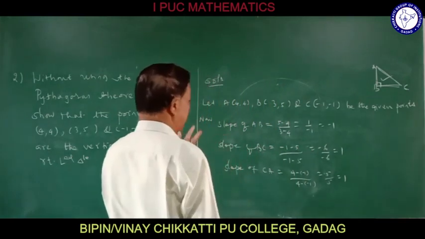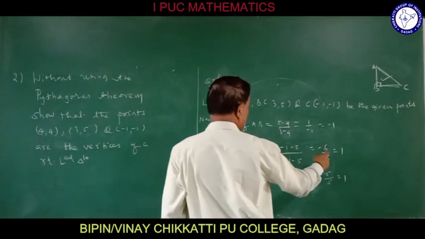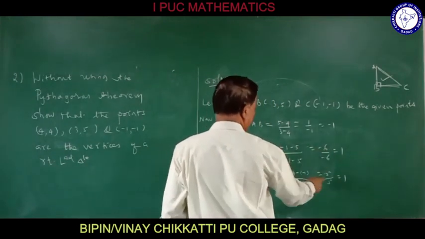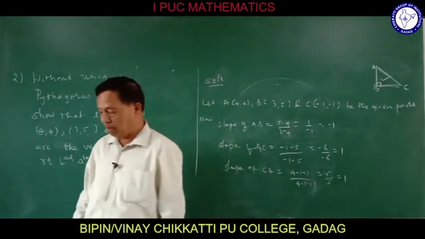Here you have to see particularly the multiplication of slopes, either this into this or this into this, and you can tell the result, the product of their slopes.